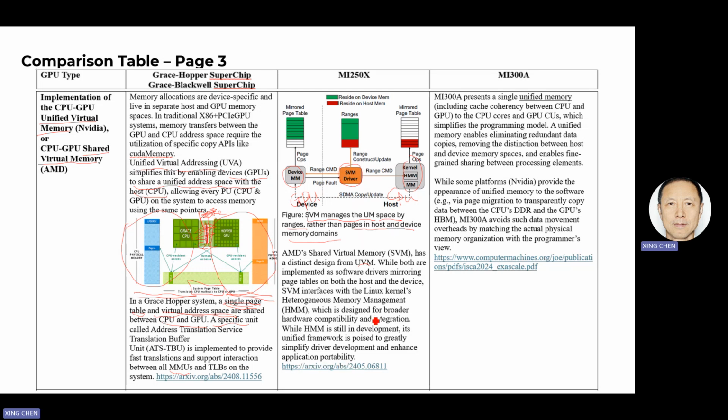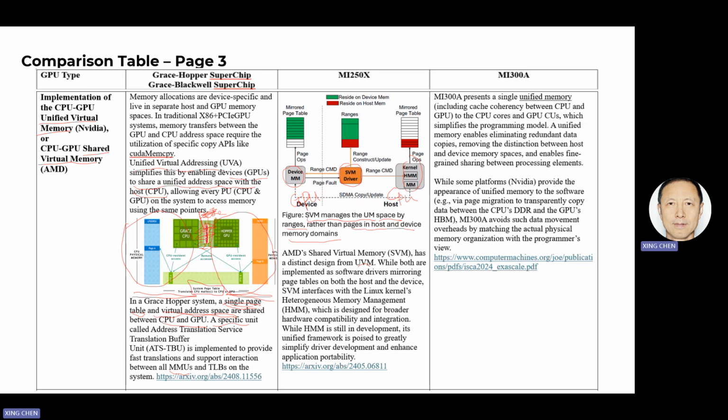Okay, so the key point is that for the programmer, there must be a unified virtual memory space or shared virtual memory. That means from the programmer's point of view, they get this kind of presentation that the two page tables are logically just one page table.